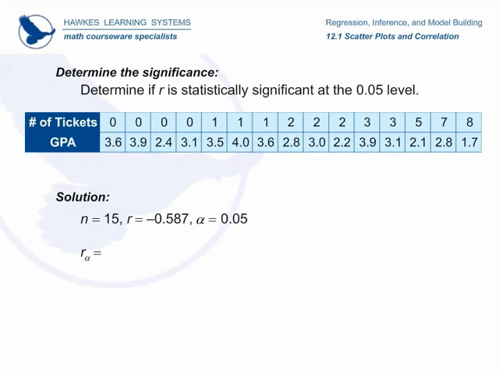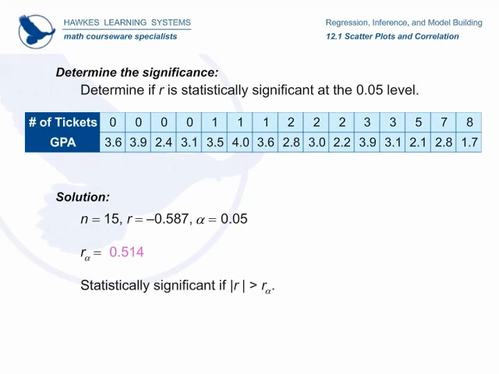So our r sub alpha equals 0.514. So that means that we have statistical significance if the absolute value of our correlation coefficient is greater than r sub alpha. And so we take a look at that.